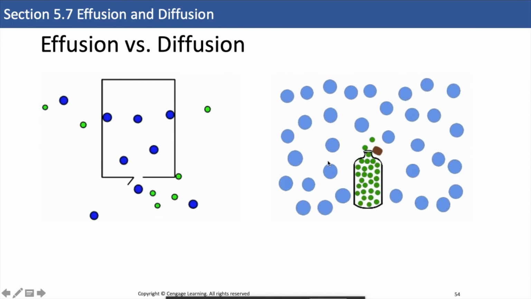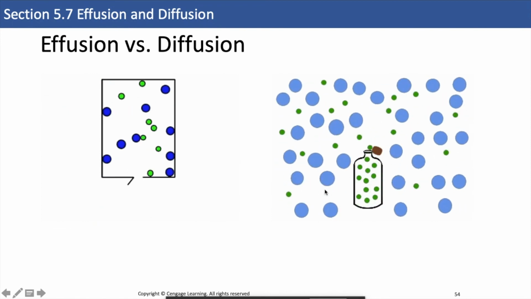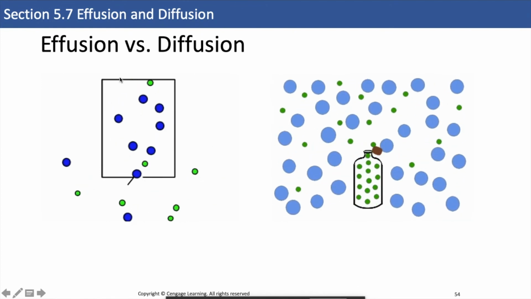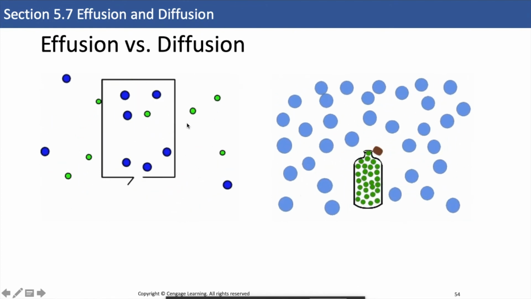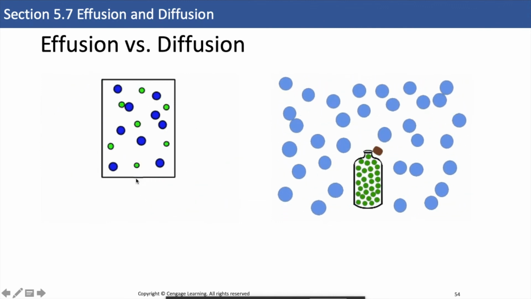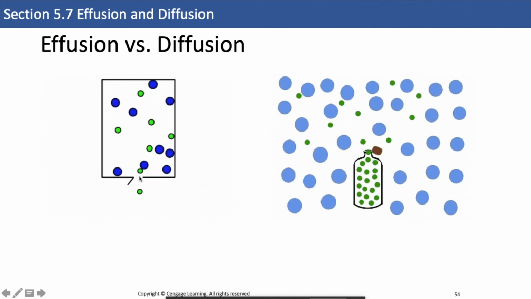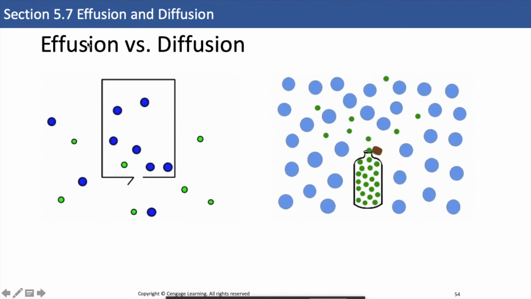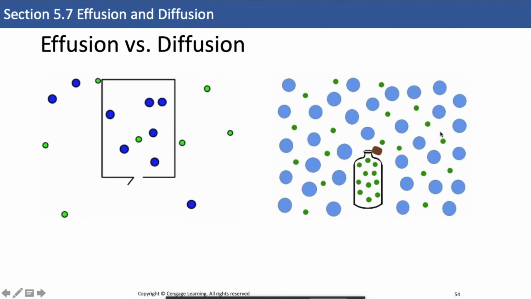And so this is diffusion because notice that randomly the molecules are now spread out. Effusion is I have a sealed container of gas, or in this case, multiple gases, and I'm going to open it up. So I'm opening up a tiny little hole, and now the gases are escaping. That's effusion. So diffusion, effusion, a mixing of gases.